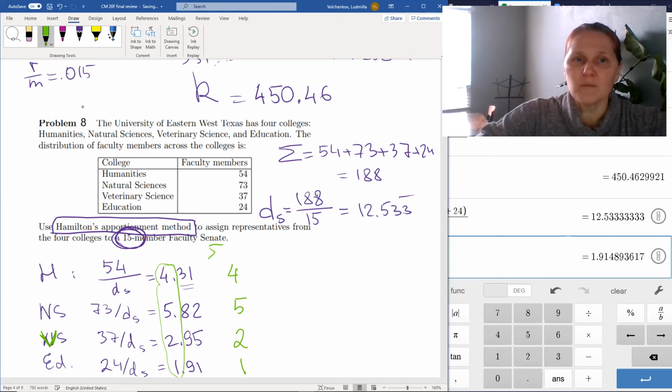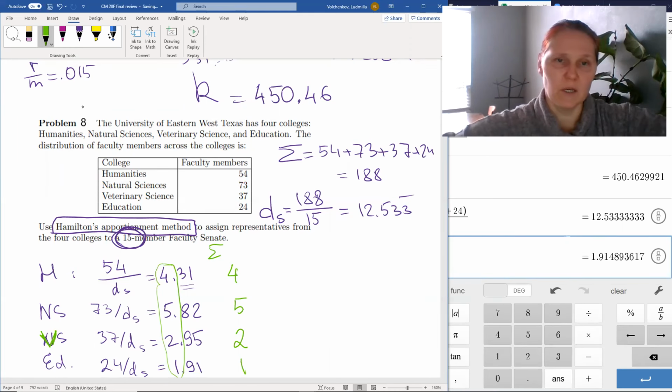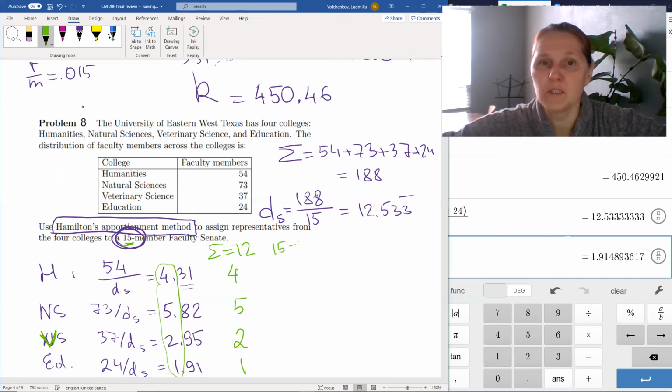And define the sum to see how many extras we have. 4 plus 5 plus 1 plus 2 will be 12. 12 from 15, so we have 15 minus 12, 3 extras.